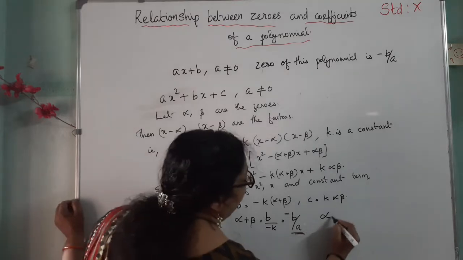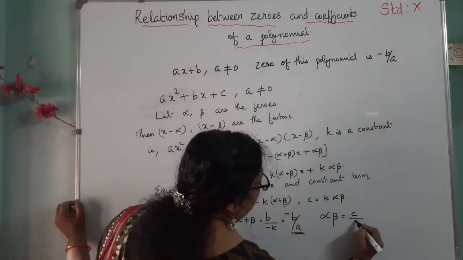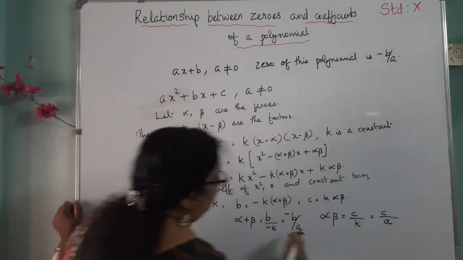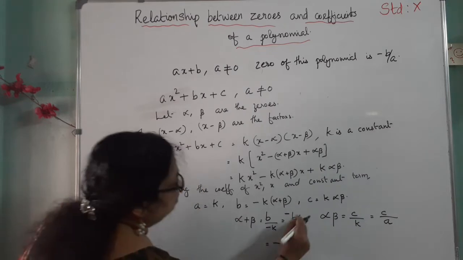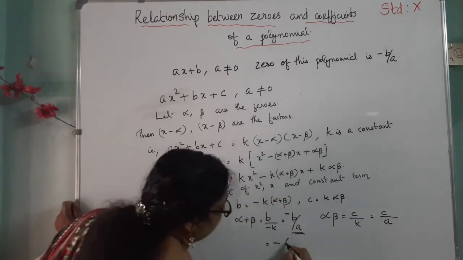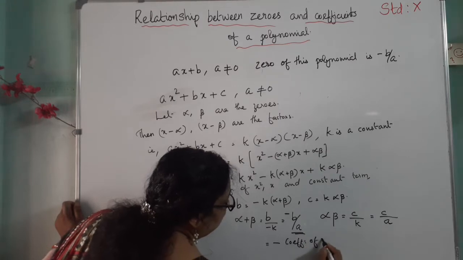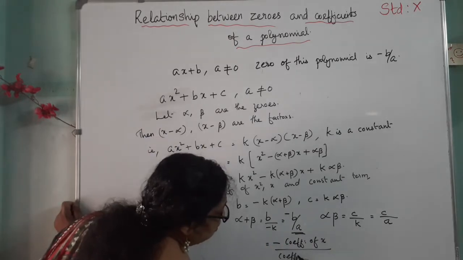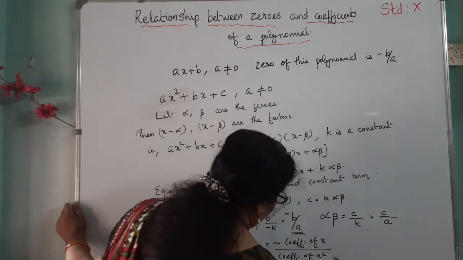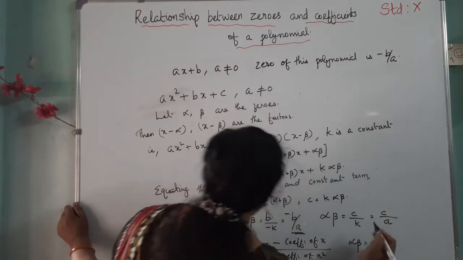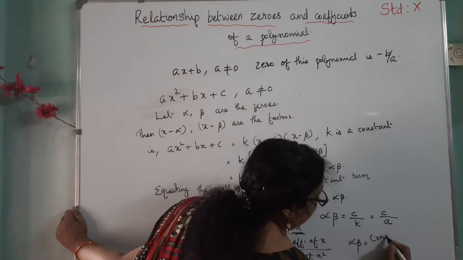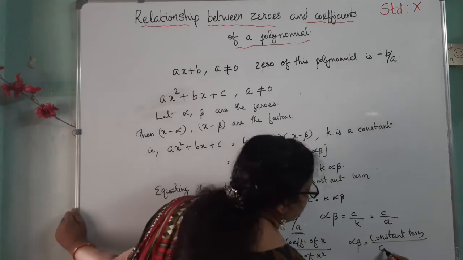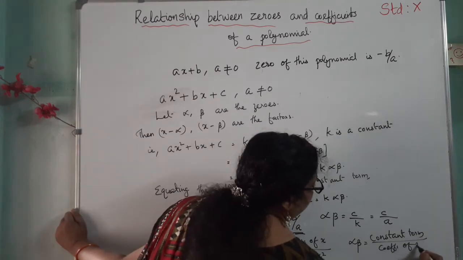And alpha beta equal to c by k, which is equal to c divided by a. Here minus b is minus the coefficient of x, divided by a, the coefficient of x square. And alpha beta equal to c, the constant term, divided by a, the coefficient of x square.